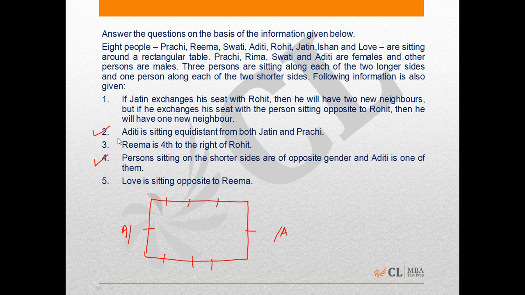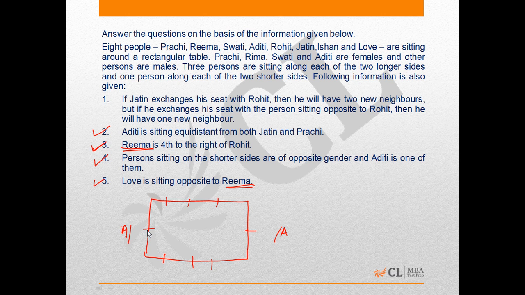Now coming to statement 3, in which it is given that Rima is fourth to the right of Rohit, and in statement 5 it is given that Love is opposite to Rima. So let's combine these two statements.